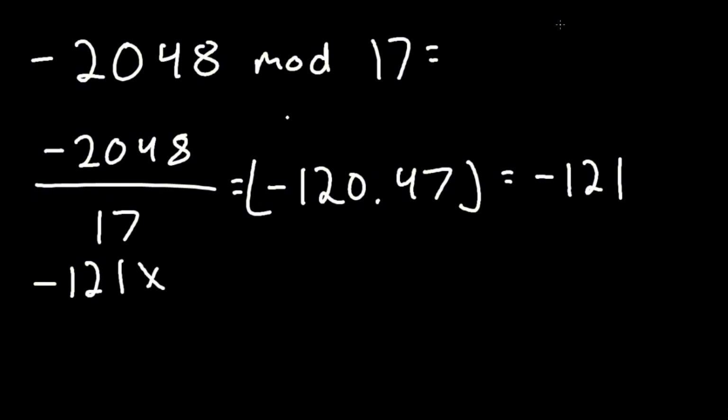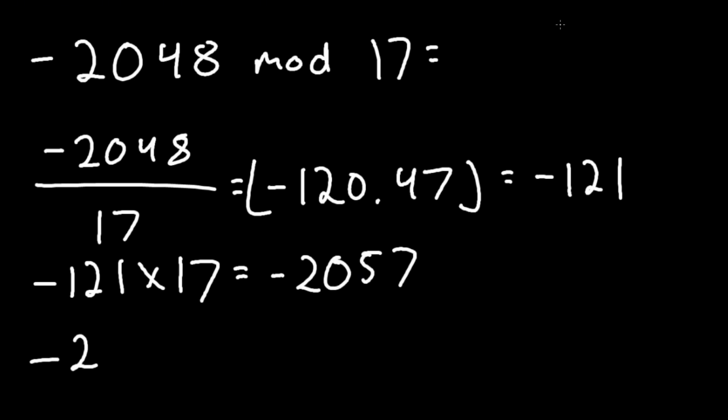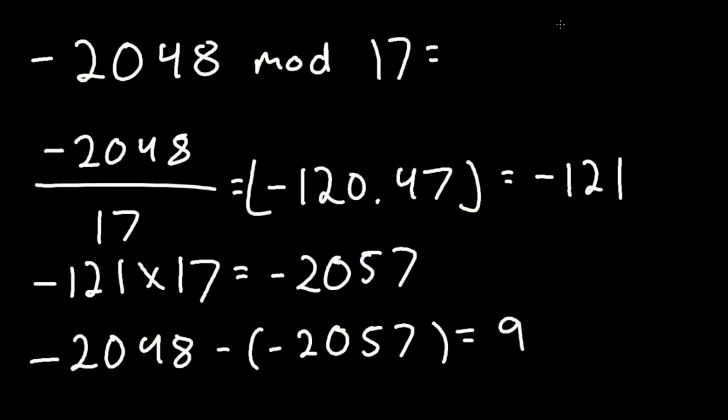Next, we need to do negative 121 times 17 to get negative 2057. And the last thing, we subtract the number to the left of mod from our multiplied value to get 9. So negative 2048 mod 17 is just positive 9.